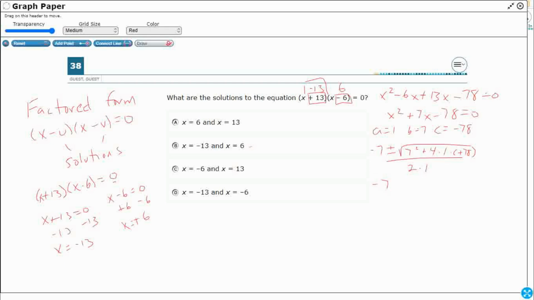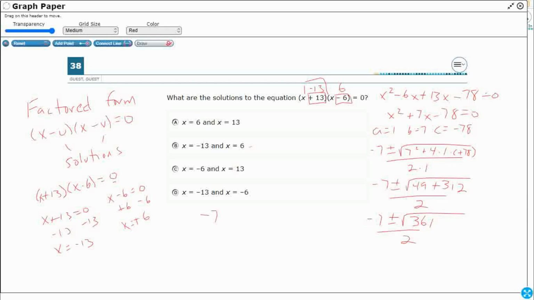So negative 7 plus or minus 7 squared is 49, and that's going to end up being a plus, and then 4 times 78, 312, over 2. So negative 7 plus or minus the square root of 312 plus 49, that makes 361, over 2, and the square root of 361 makes 19.